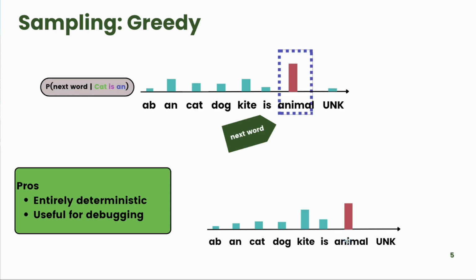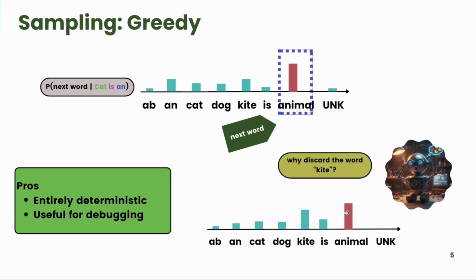Just for the sake of argument, assume that kite had a probability which was lower than the probability for animal, but was not that small. In this case, the greedy algorithm will totally ignore the word kite whatsoever. So the word kite will not be chosen by the greedy algorithm at all, and that's undesirable because you would like to have scenarios where the word kite is also chosen, so that there is richness in your output and so on. So this feature is quite undesirable.